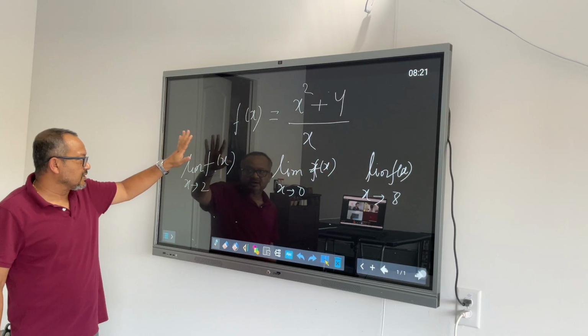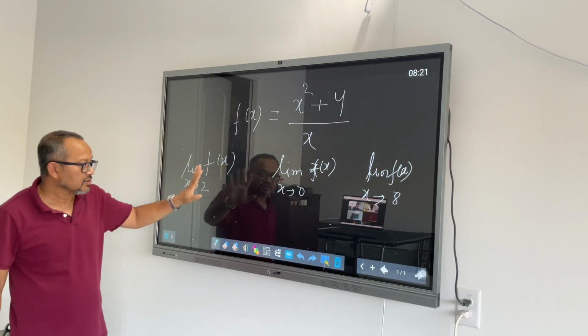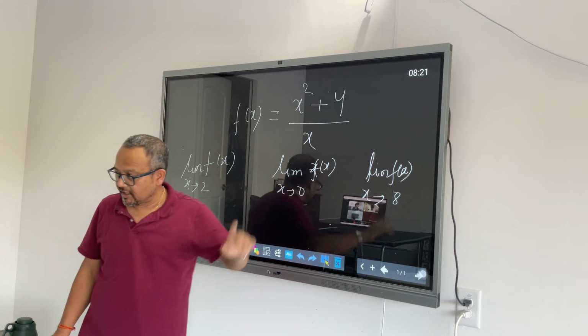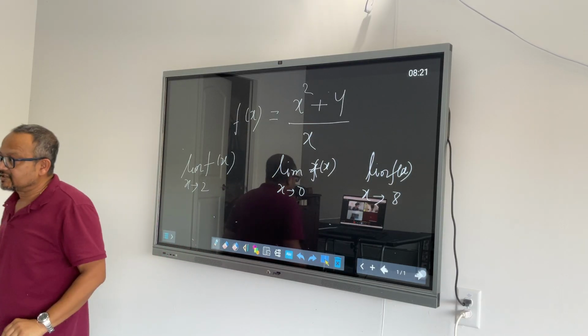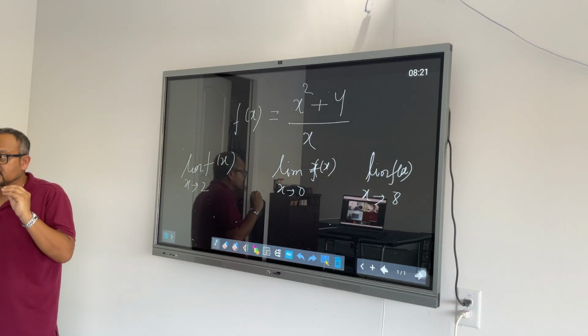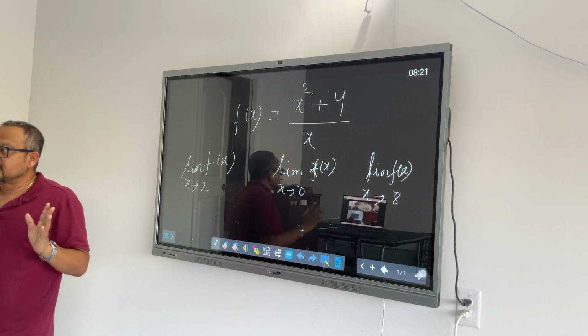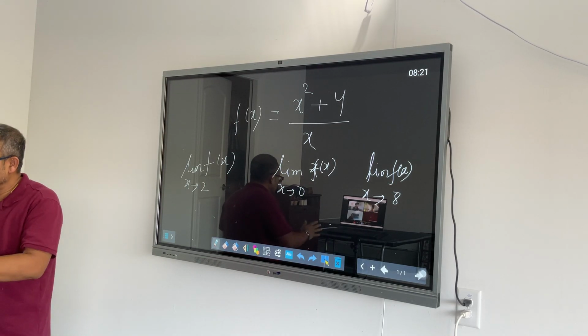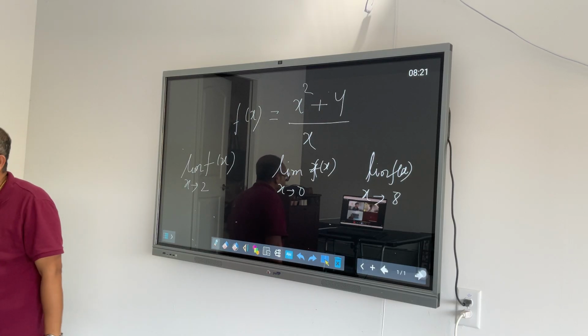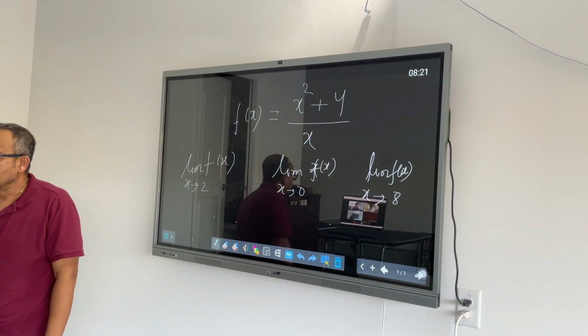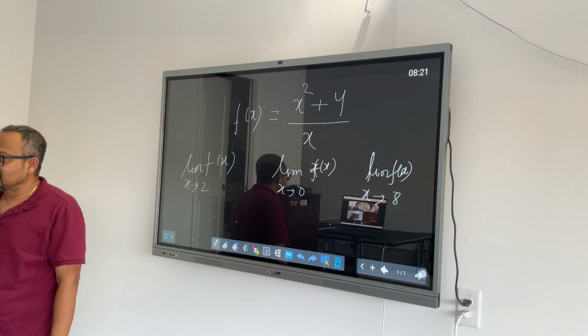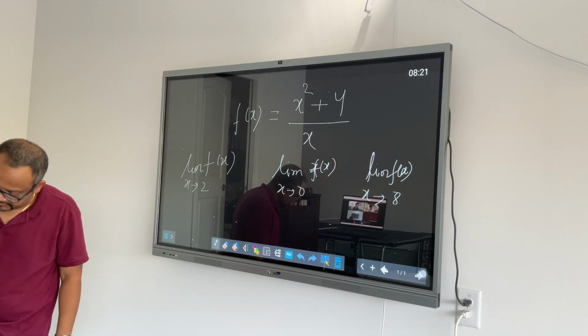You have to find out the limit of f of x when x is approaching 2, x is approaching 0, and x is approaching 8, without graphing it, just by putting some strategy around it. How would you think is what I'm trying to figure out. If you guys need a minute to think about it, you have 1 minute extra. I'm giving you guys 2 minutes to think about it, and then we'll deliberate the strategy around this one.